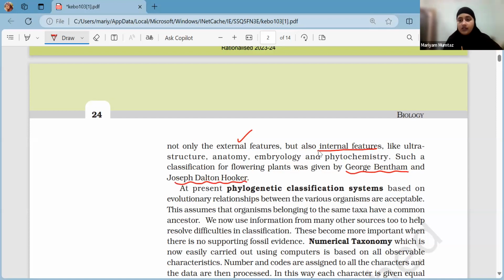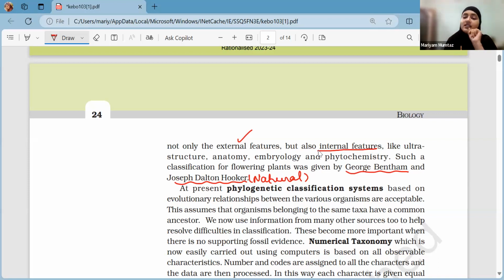Bentham and Hooker's classification is the natural system of classification. The one by Linnaeus was the artificial system. Even though Bentham and Hooker gave the natural system, they considered the external features as well as the internal features.